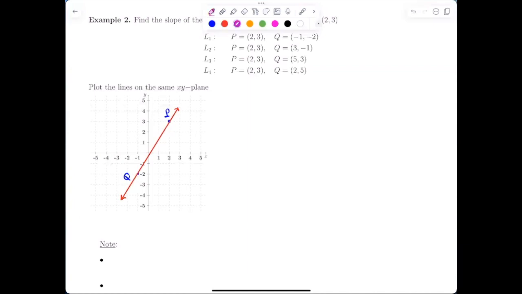Now for the second line, the point Q is (3, -1). So this is line 2, and this is line 1. The third line, Q is (5, 3).